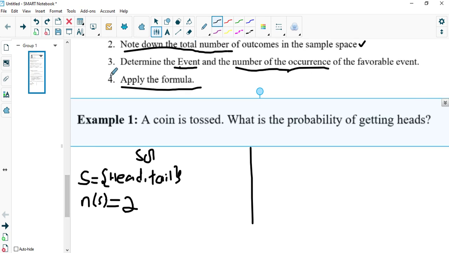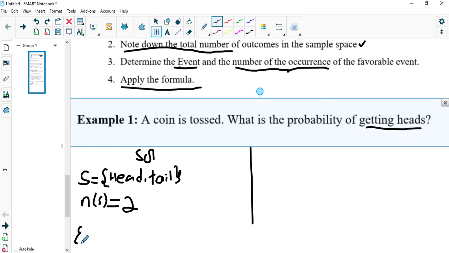Now, step number 3, determine the event. The event is what you are trying to observe, what you are trying to find the probability of. In this case, the question says, find the probability of getting heads. You want the probability of getting a head when you toss a coin.